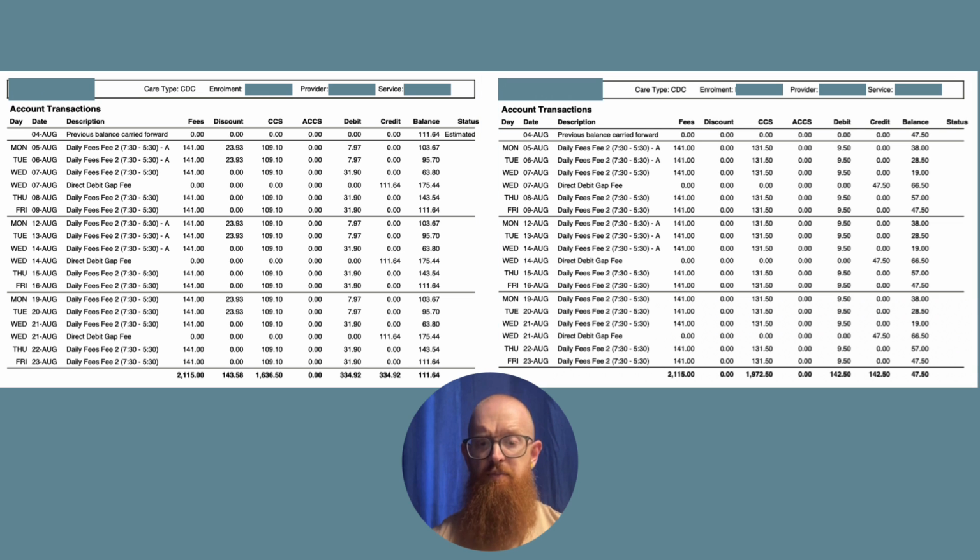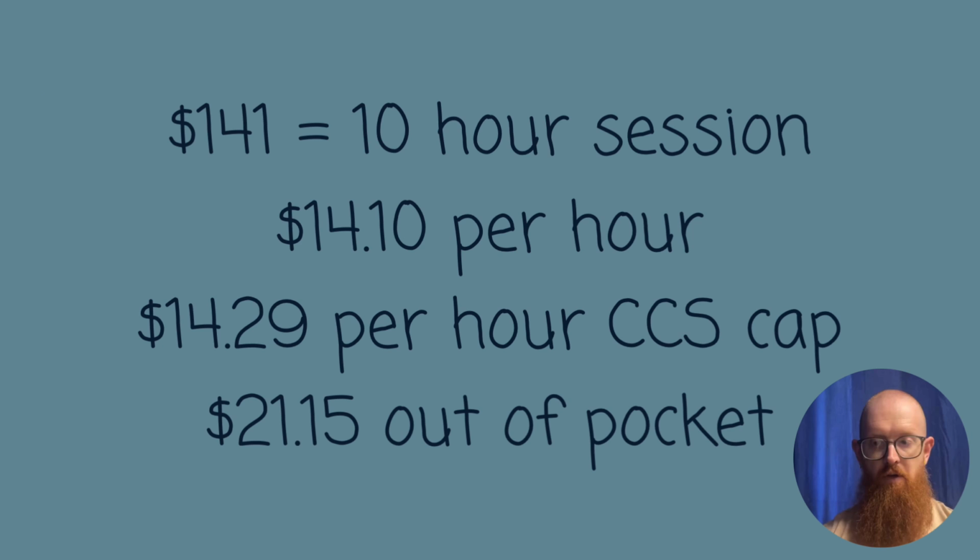CCS percentage for a sibling begins at 95% and reduces in amount based on the income of your family. Now this family uses a 10-hour session booking at $141. That means their hourly rate is $14.10. See on the next page as to why this is important. Back to figuring out some percentages.